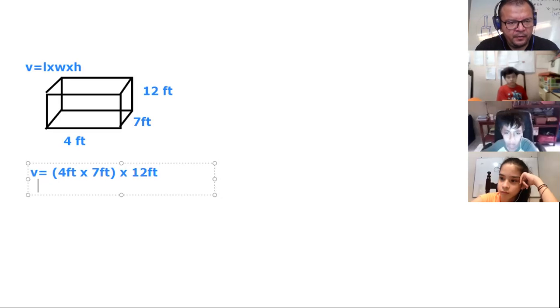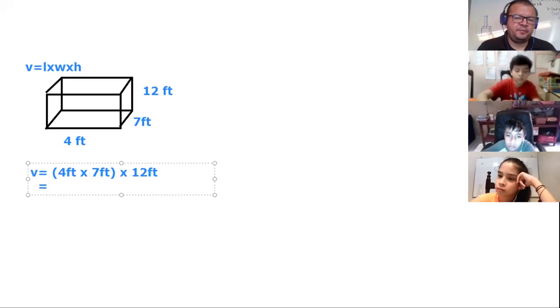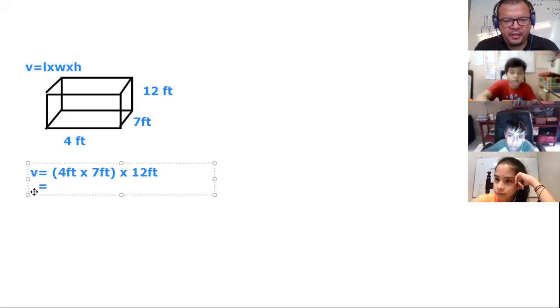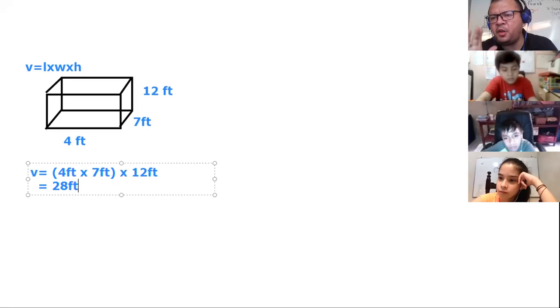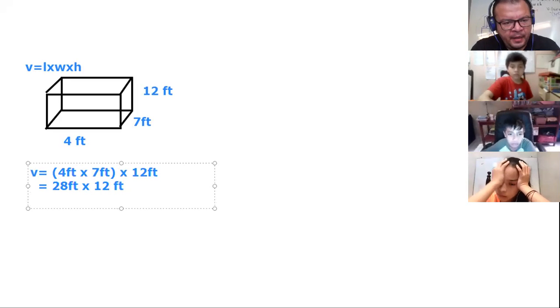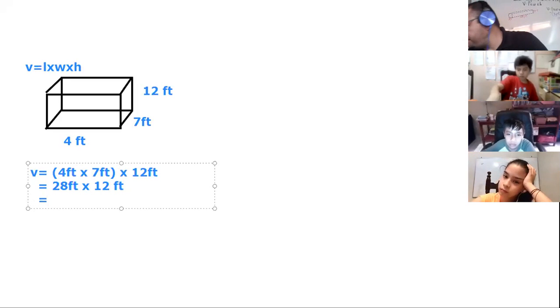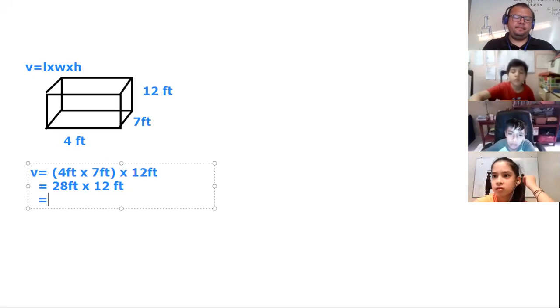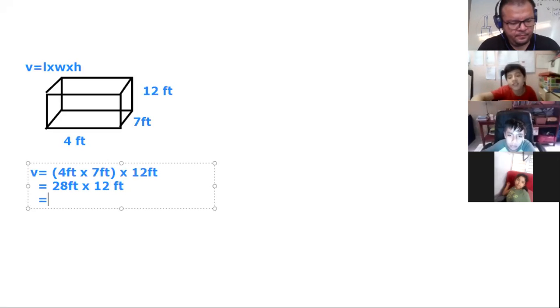This is equal to 4 times 7, 28 feet squared. I don't know how to write the square, but we know that it is a square, times 12 feet. And this is equal to how many? 336 feet cubic.